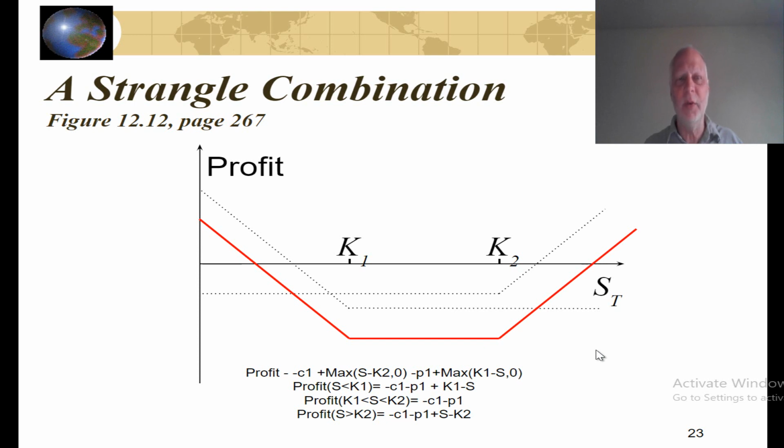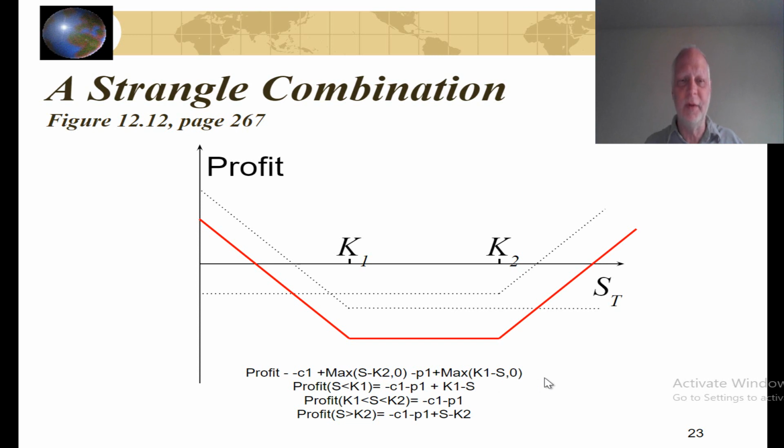A strangle combination is created by being long a put at strike price K1 and long a call at strike price K2. So the profit payoff will look like this: minus C1 plus maximum S minus K2 comma 0, minus P1 plus maximum of K1 minus S comma 0.